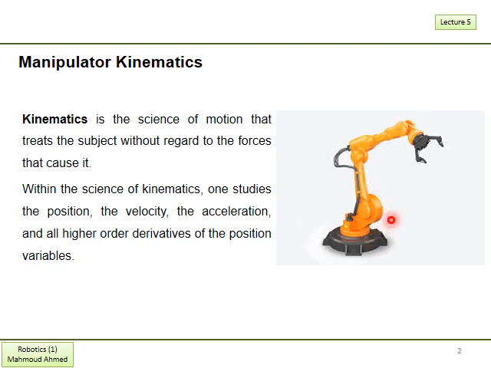Once we consider the forces, we represent in this case the dynamics, but without considering the forces, it will be kinematics. So in kinematics, we study the position, velocity, and the acceleration, and all derivatives of the position variables without considering the forces that cause the manipulator to be in this form.